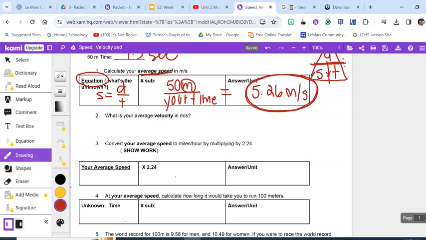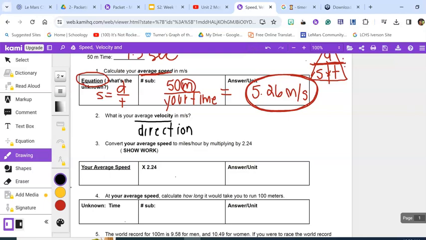The next question is asking, what is your average velocity? How is velocity different than speed? Remember, velocity includes a direction. Now, for the record, in physics, we call something that includes a direction a vector quantity.